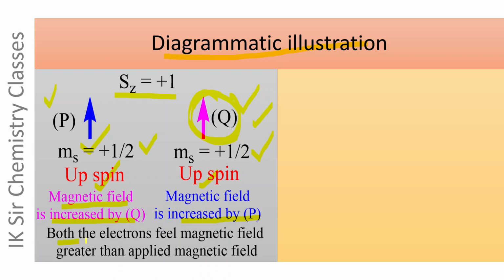As a result, both the electrons of the Sz equals plus 1 state feel a magnetic field greater than the applied magnetic field.